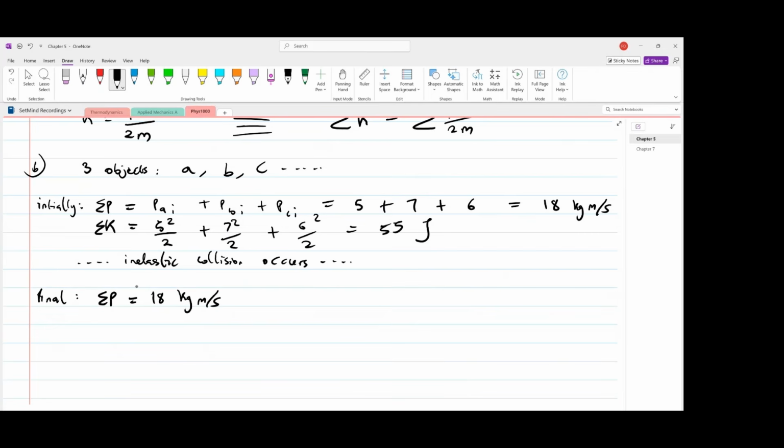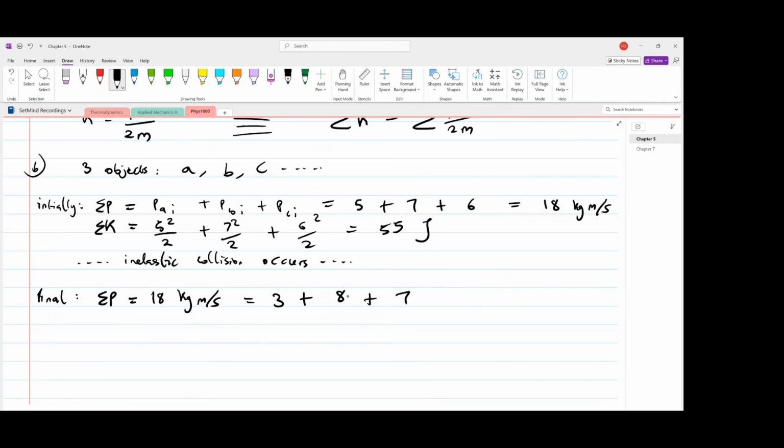It is not going to change. However, each momentum can change as long as the sum stays at 18, right? For example, maybe the 5 goes down to 3 and the 7 goes up to 8 and the 6 goes up to 7.